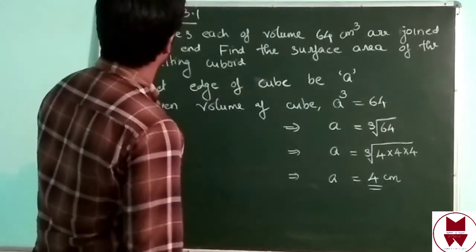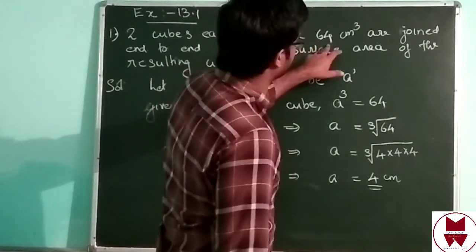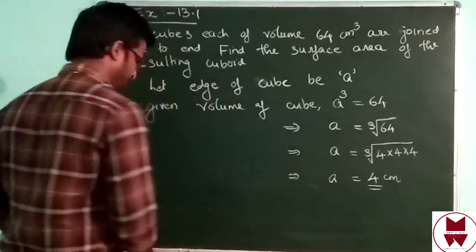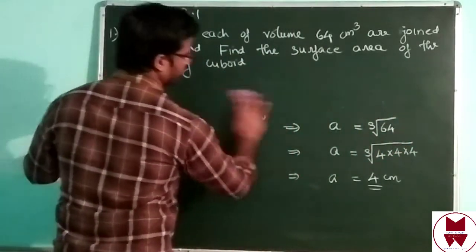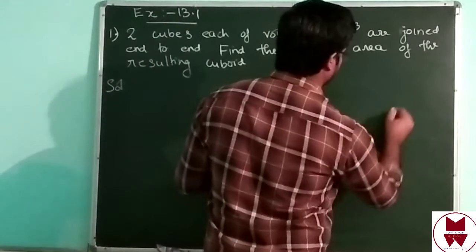Then we need one figure. Two cubes, each of volume 64 centimeter cube, are joined end to end. We can draw that figure. Draw that figure on one side.